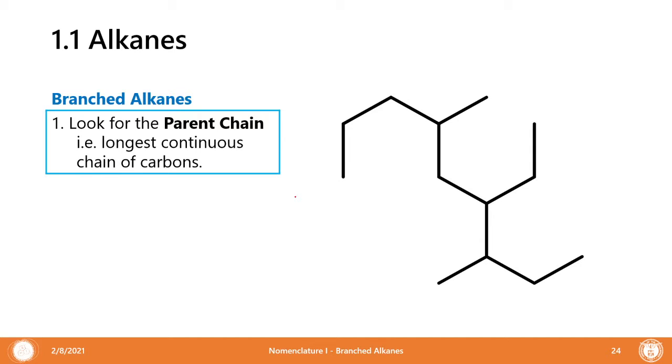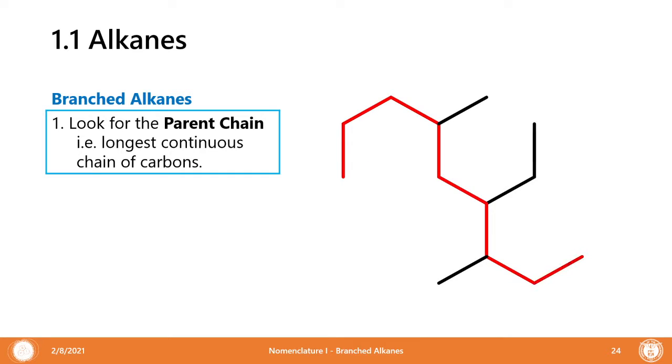Okay, now we go on to branched alkanes. For branched alkanes, what you first want to do is look for the parent chain. What is the parent chain? It is the longest continuous chain of carbons. From this, you can visualize which is the longest chain of carbon. If you cannot visualize it easily, you can try going at one corner and seeing if it goes through longer paths until you are able to trace the longest path.